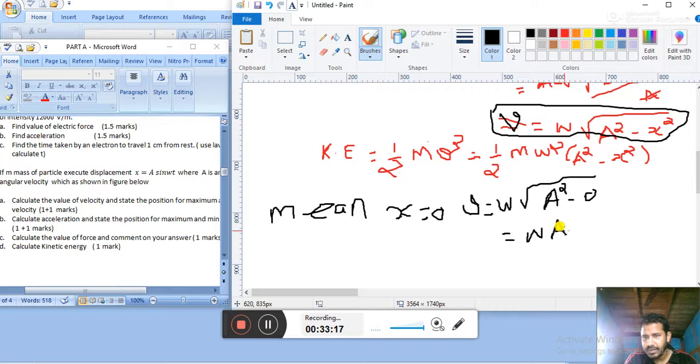So this is the maximum velocity, and the minimum velocity is at the extreme position.